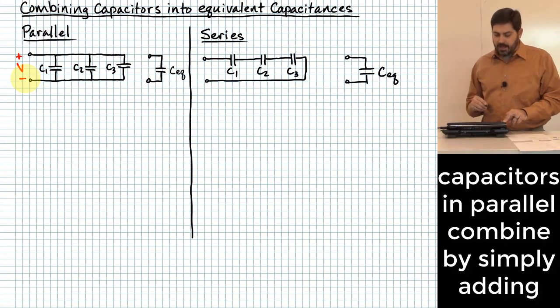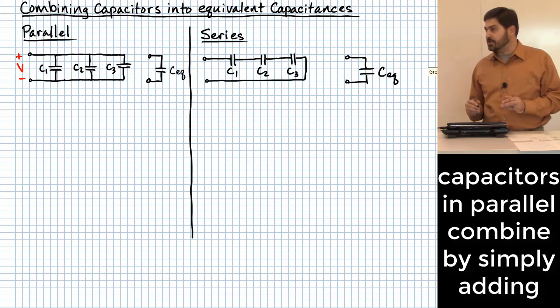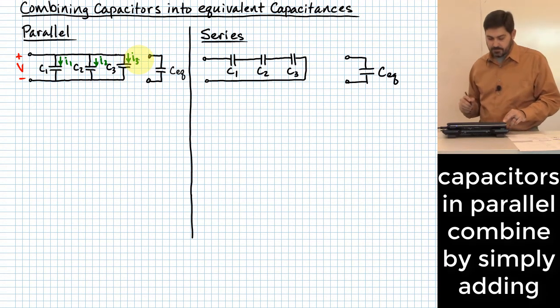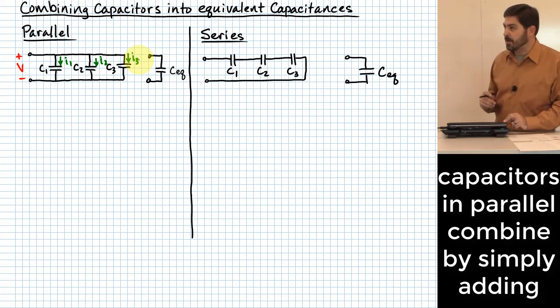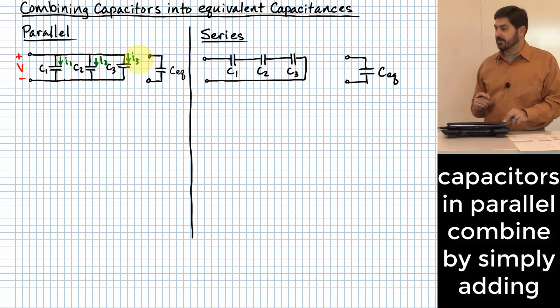Let me furthermore define a current that flows in each one of these capacitors. So I'm going to define three different currents. I'm going to call them I1, I2, and I3. And the equation that I just asked you to commit to memory not long ago was what?